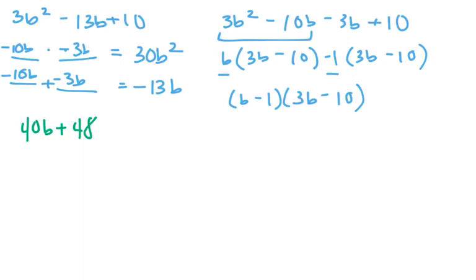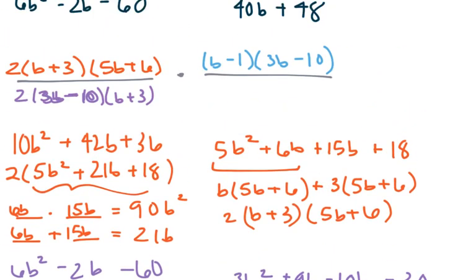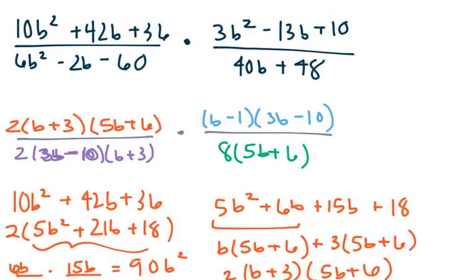If I take out an 8, that's their GCF, I'm left with 5b plus 6. Now there's nothing else that they have in common, so I can consider this factored. So 8 times 5b plus 6 goes here.